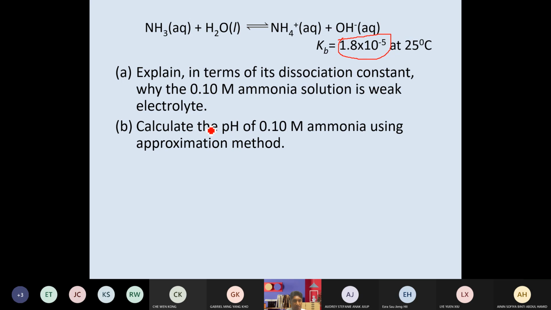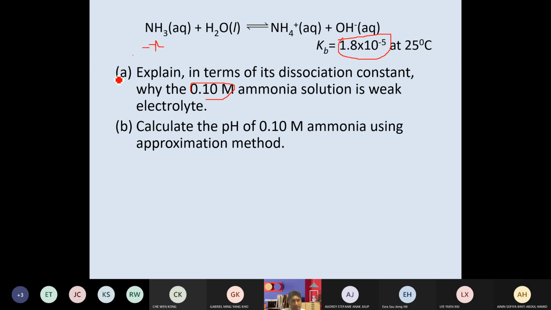Calculate the pH of 0.1 molar ammonia using the approximation method. The Kb is already given, 0.1 molar of ammonia is given here, and we know that it is a weak base. So we have to consider that X amount has been dissociated from ammonia. X amount has been dissociated in the change.